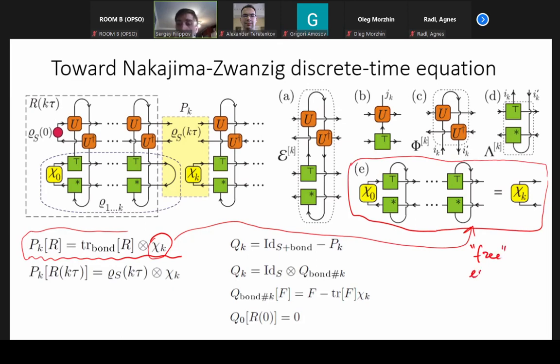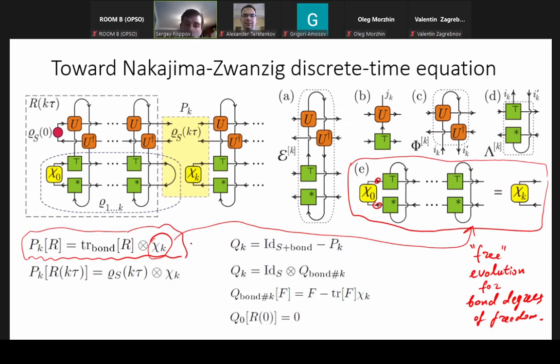You see that there was no ancillary system in the original formulation of the problem, but here it appears for bond degrees of freedom. Bond degrees of freedom are here, and their free evolution is given by the diagram. So projections should be modified in this way.